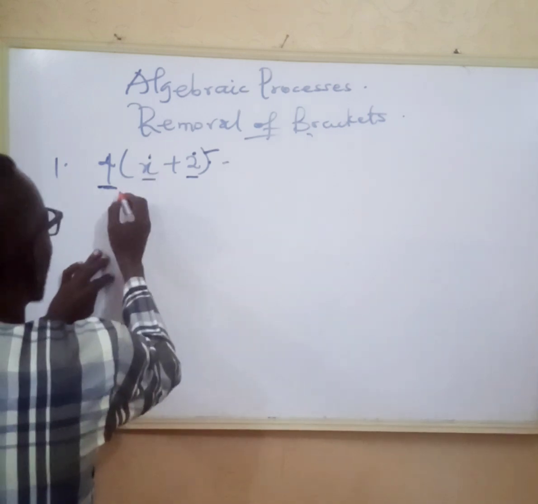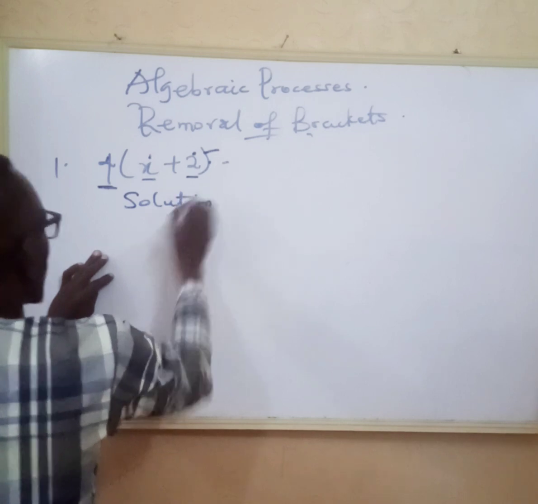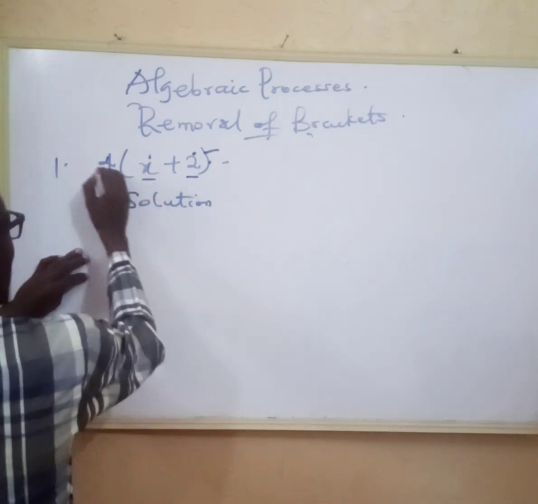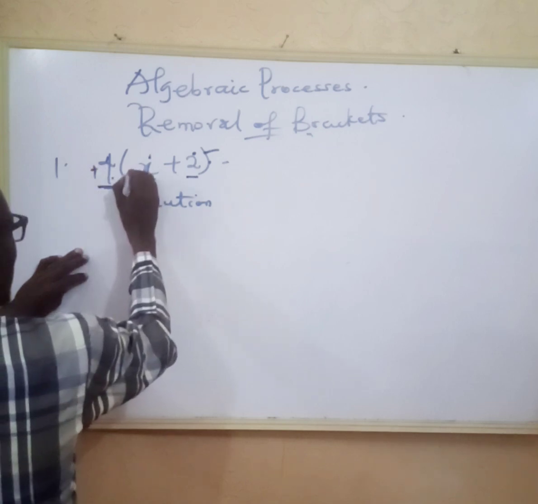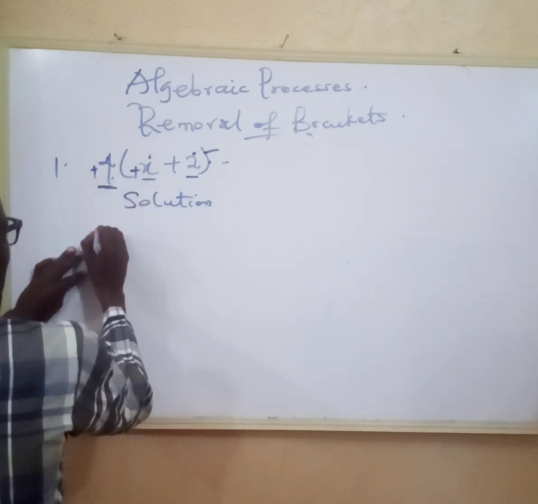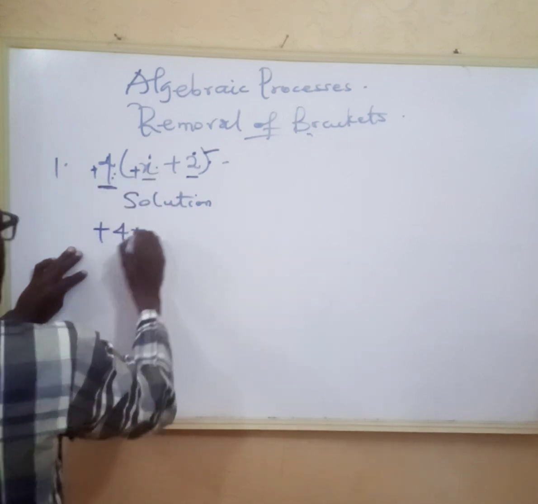So this is the solution. Let's talk about the abstract nature solution. This is 4, an imaginary 4, plus, an imaginary plus. Plus times plus is what? Plus. 4 times s is 4s.